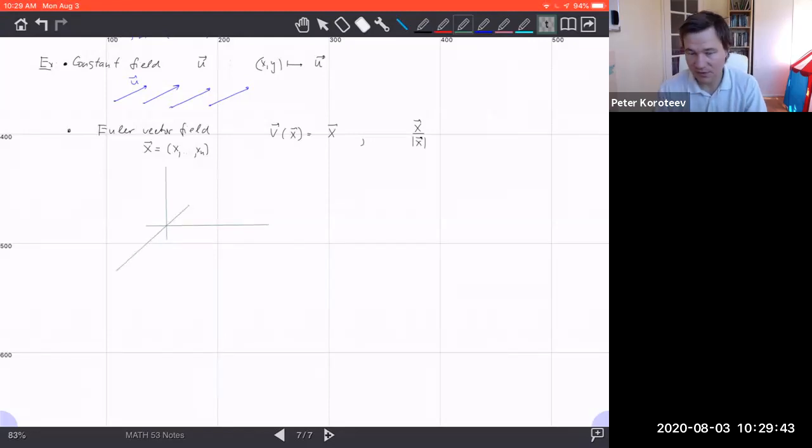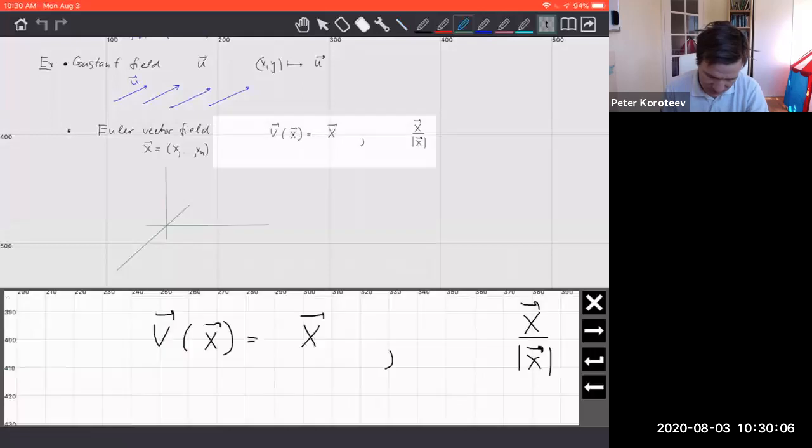It's the same as with graphing of functions, right? You can just put several points in space and then draw it. Maybe there's a notational subtlety here: this x is a bit different than that one.